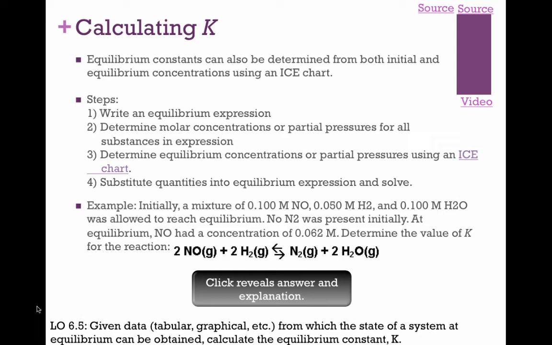If they give you initial amounts, we have to use an ice table. Okay. So again, always write your equilibrium expression first. Then determine either concentrations or pressures, whatever they give you, and then use an ice table. Plug in the ice table, find your amounts, and then plug it in to K. So this says initially a mixture of 0.1 molar NO, 0.05 molar H2, 0.1 molar H2O was allowed to reach equilibrium.